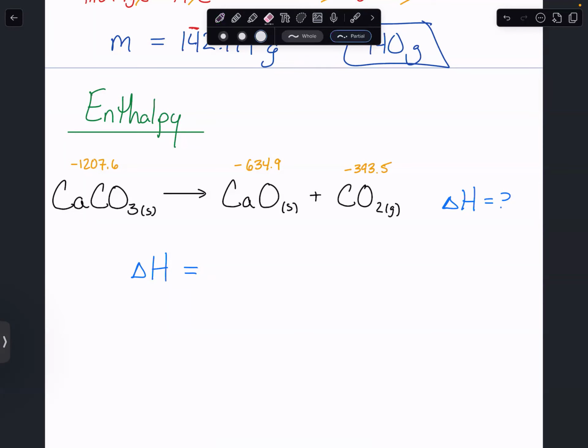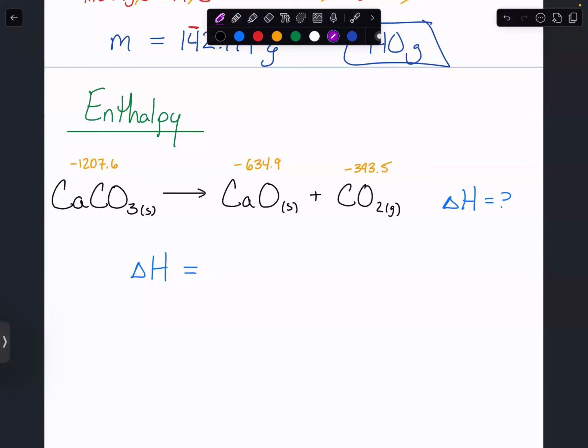All right, so when we calculate our delta H using those standard enthalpy values, what are we going to chant to ourselves here? Products minus reactants. Cool. So I'm going to take that delta H of the product side, that negative 634.9 plus negative 393.5.